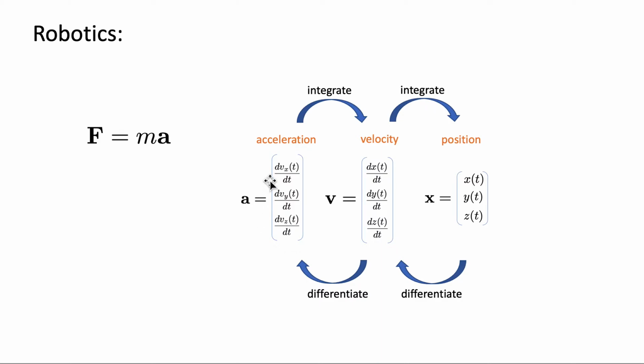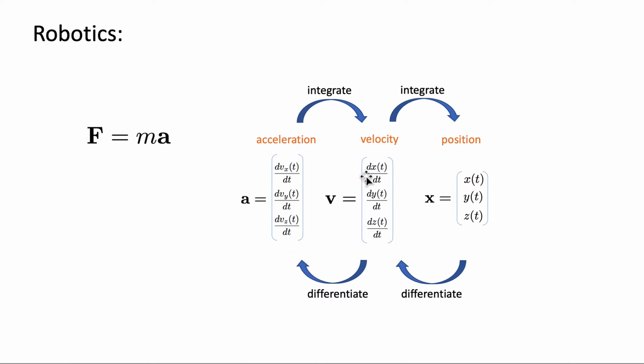And in our past video we saw how to take a function and integrate it, so you can, for example, go from acceleration to velocity, integrate it again to go from velocity to position. In this video we're going to cover the other direction, where we can start from position and differentiate element by element. For example, if we differentiate x as a function of time, we have the x component of the velocity.